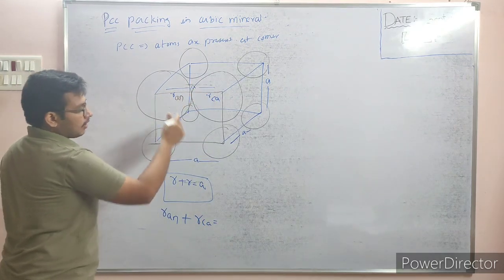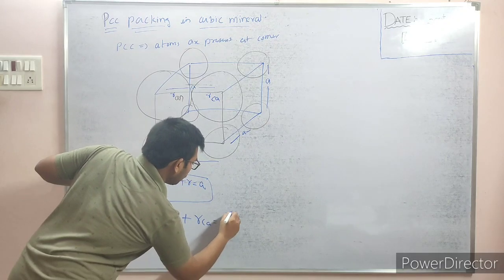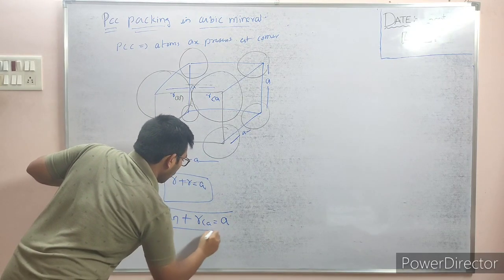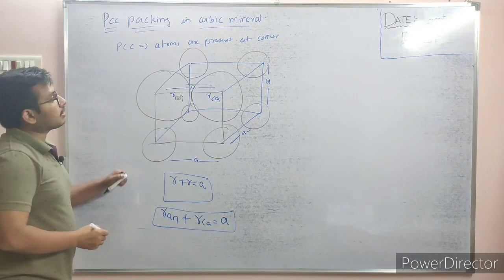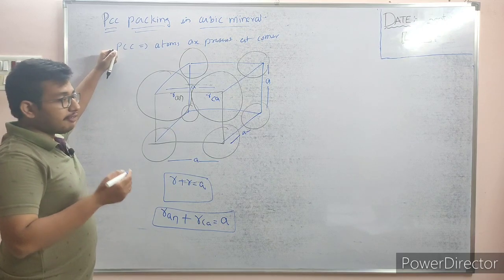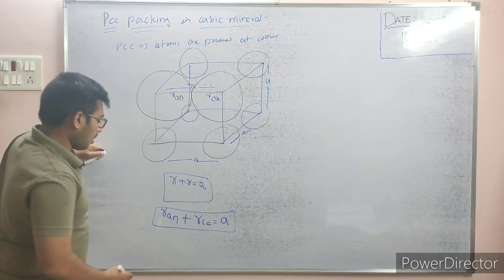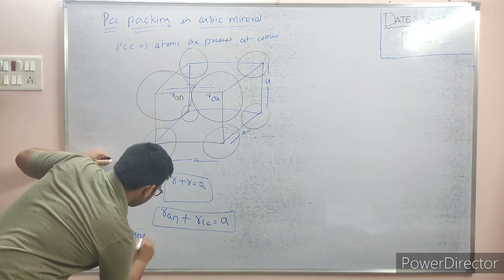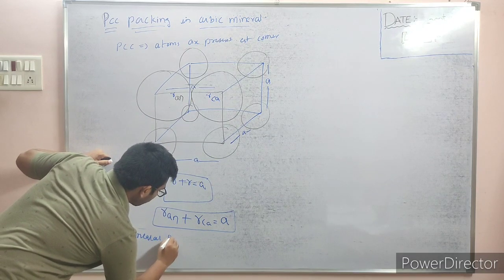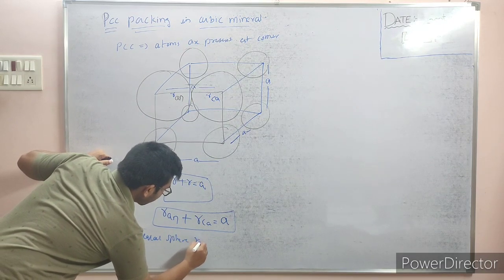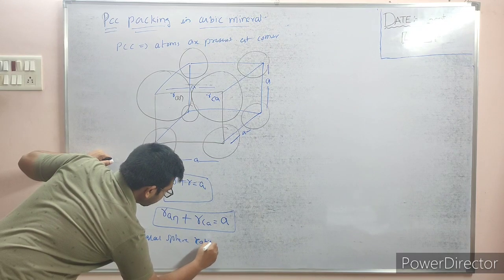This is the whole edge length, na? So we will write whole edge length. So this is the formula for the edge length for the FCC mineral if it is of unequal size. This is the formula for unequal spheres, which means radius of cations and anions.